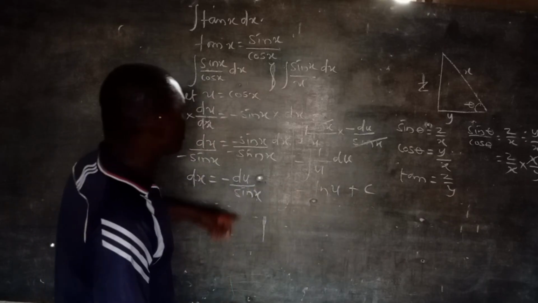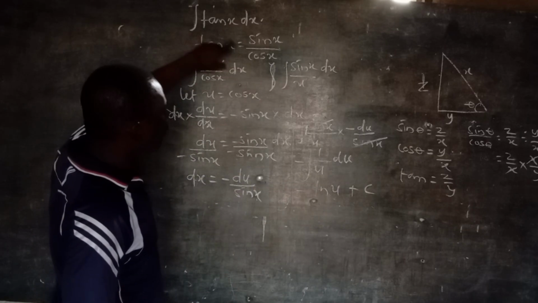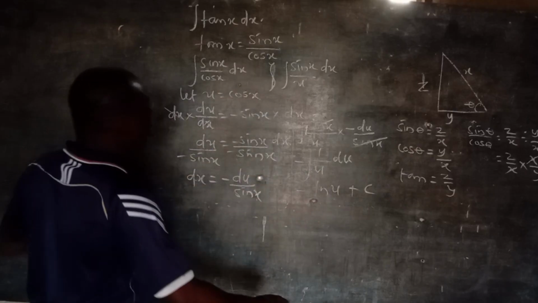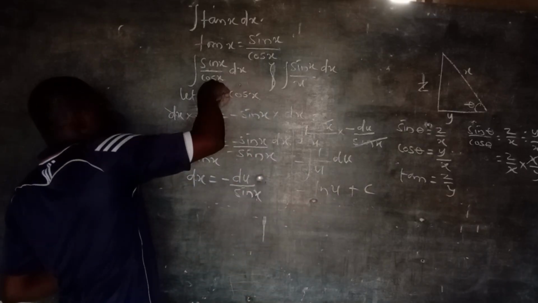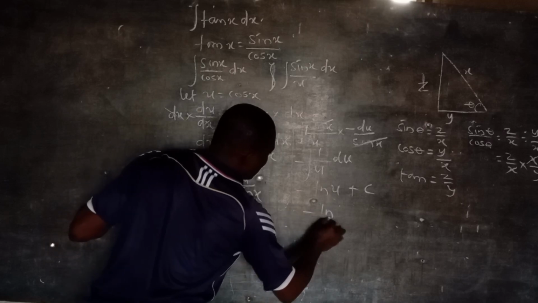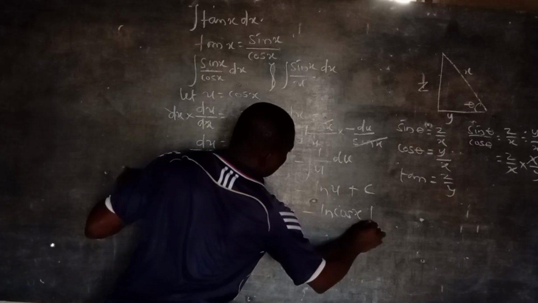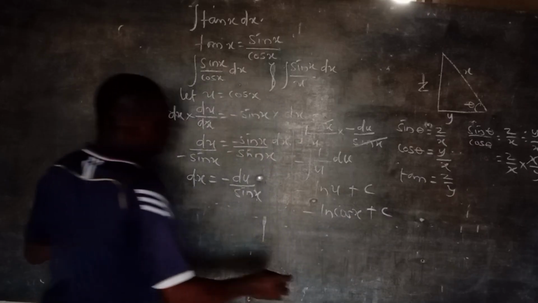But remember, what is the value of u? It is cos x. So here we see this becomes minus ln cos x plus an arbitrary constant.